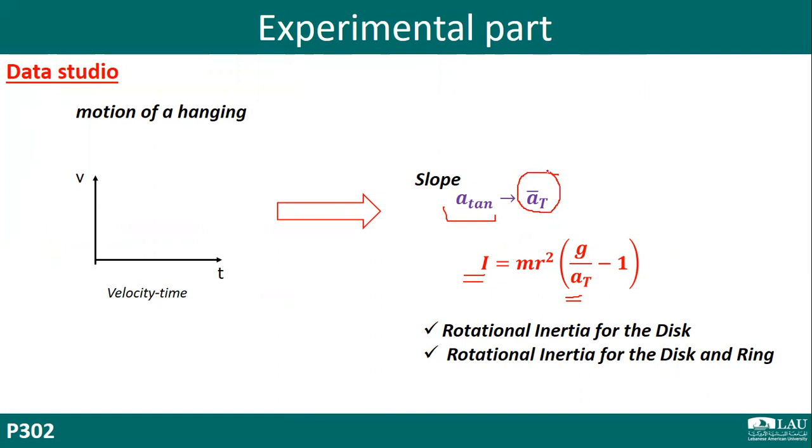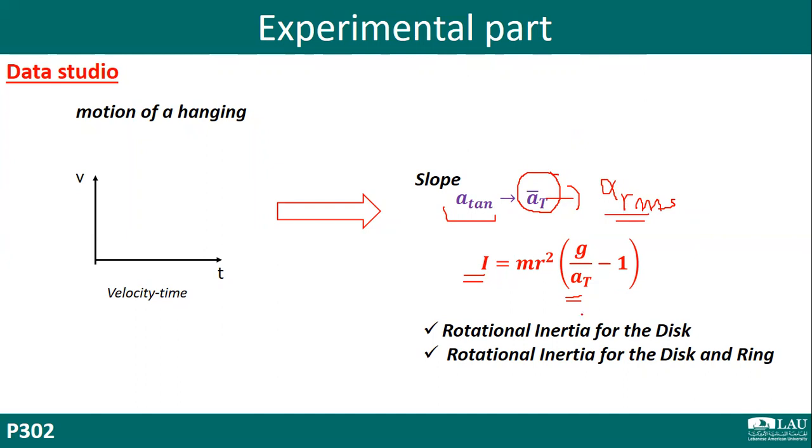After finding the value of the slope several times, you will find the average, AT average plus alpha RMS.